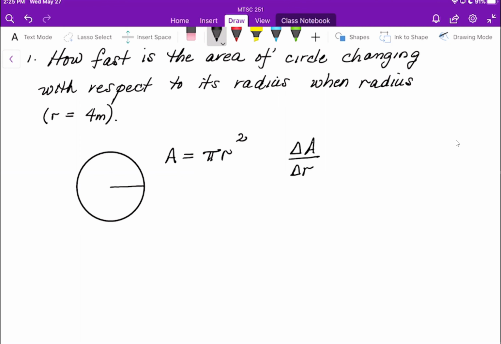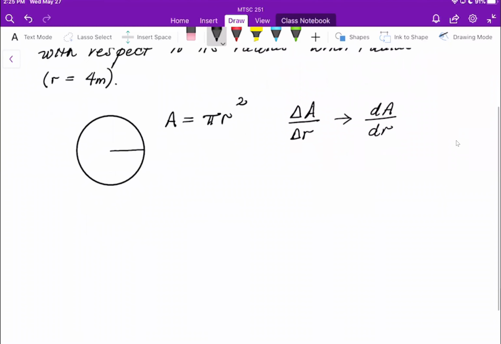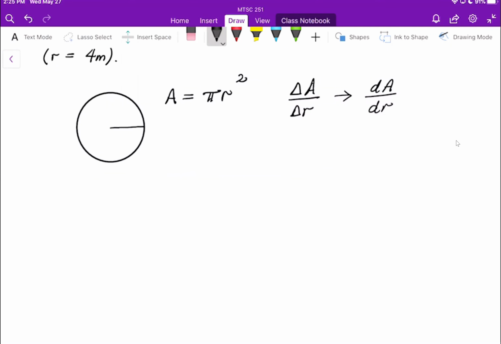Therefore, we're going to find dA/dr. So we need to take the derivative of the area with respect to the radius. So we get dA/dr is equal to pi times 2r. So that's 2 pi r.